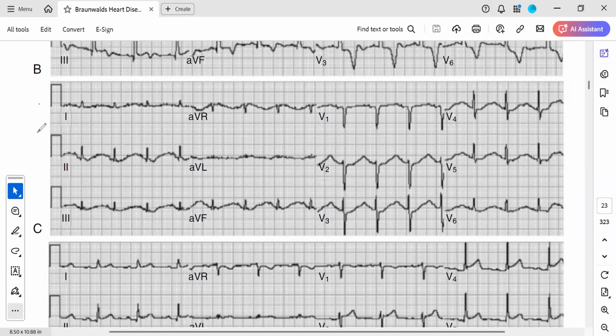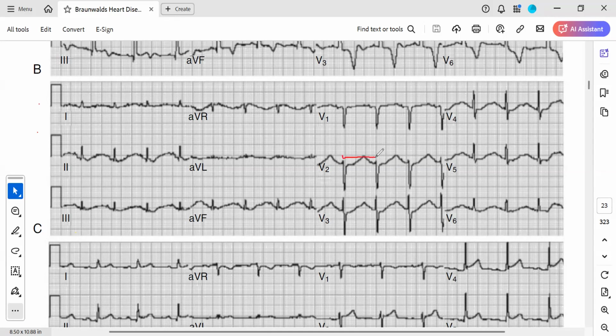However, you find that the QT interval, if you use the Bazett formula, is prolonged. So you have your RR interval being three big boxes with two small boxes, and your QT interval is spanning more than half of the RR interval.